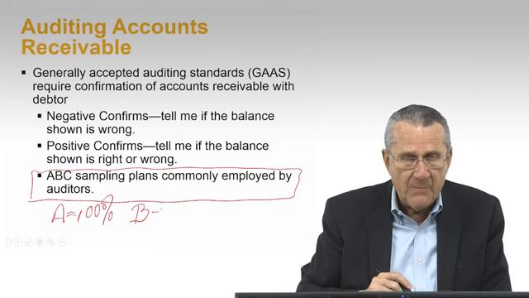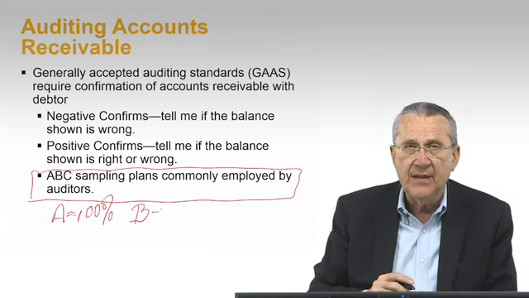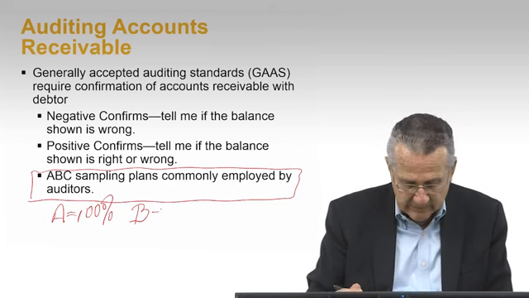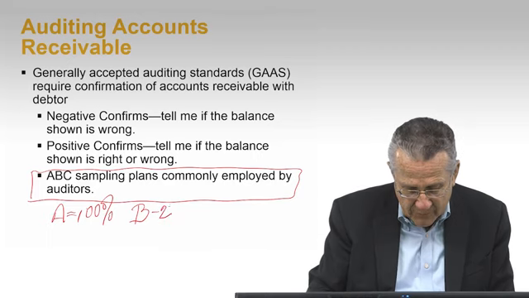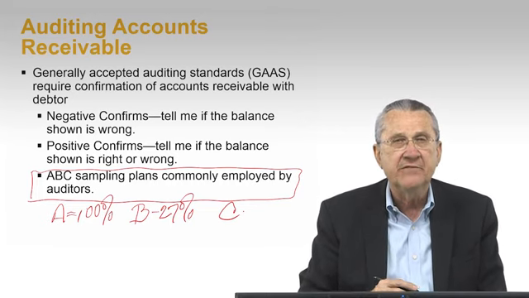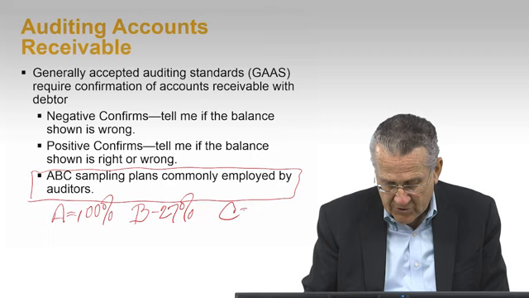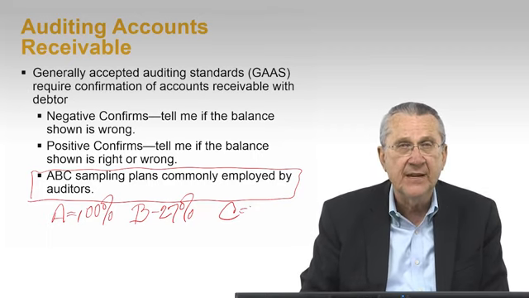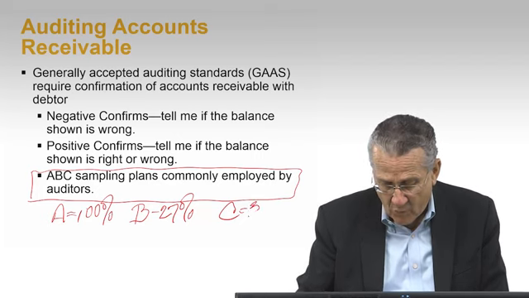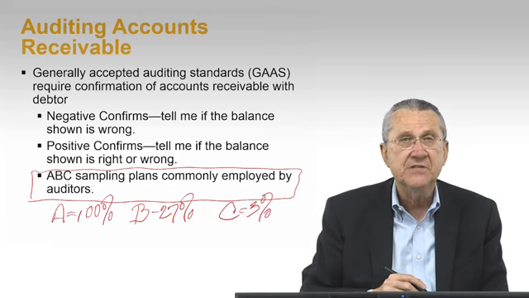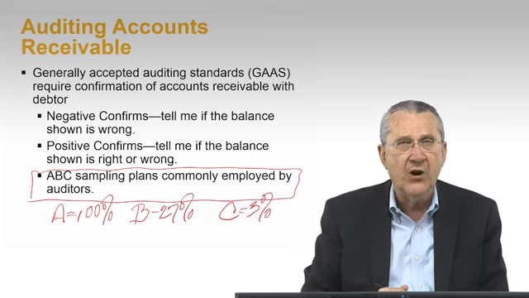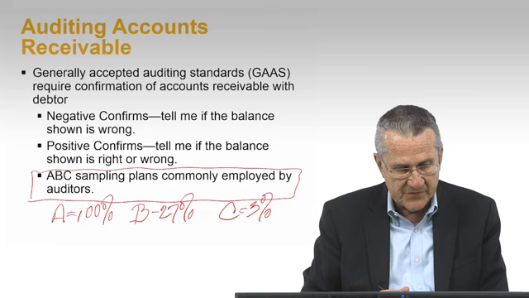And in here, we probably use statistical sampling techniques to determine what size the sample should be here, perhaps 27%. And the smaller accounts receivable, we may only need to confirm if our statistical sampling tools tell us we may need to only confirm 3 or 4% of those receivables to get a good idea about the likelihoods that there are problems with our numbers and with the receivables themselves.